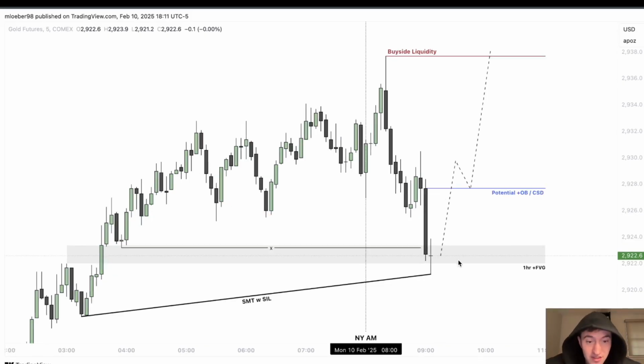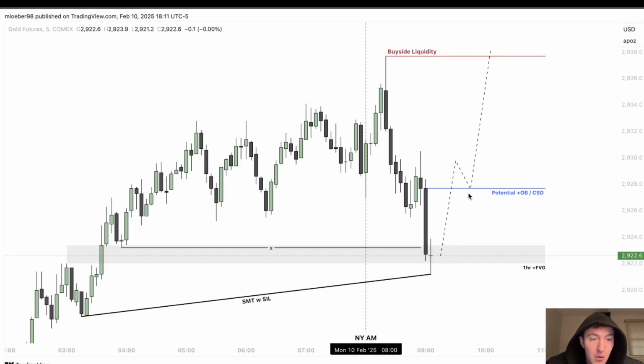So this is the plan. We have the New York AM session starting at 8 o'clock, then we have the run of all of those resting lows. We have our plan now set. Our narrative build was framed with the bias of the hourly gap tag with the SMT, and our execution is framed once price trades higher, closing above this down close candle.